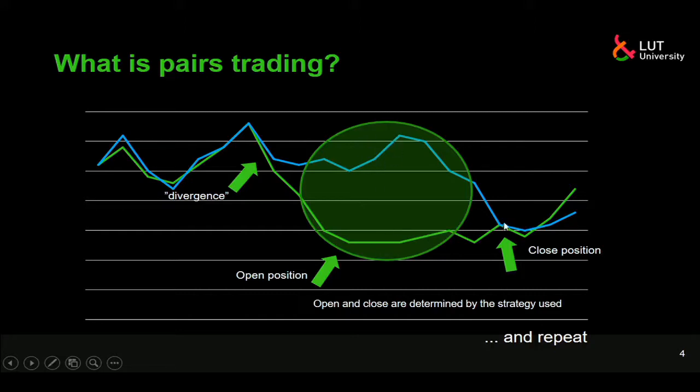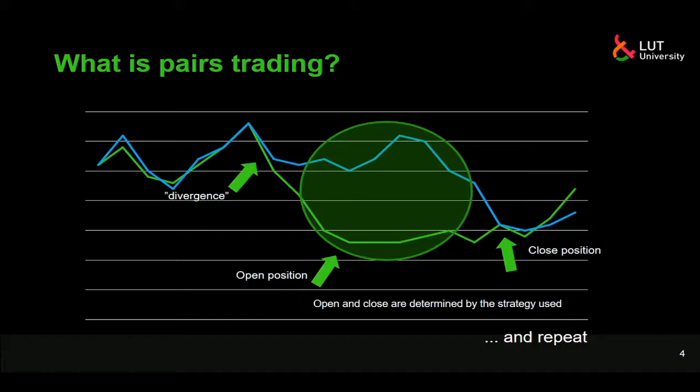And over here, when the divergence, let's say, closes, we sell and we make some money in this process. And of course, when we open the position and when we close the position is determined by the strategy we use.